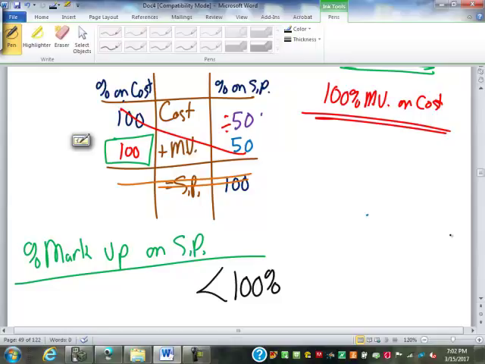Because if the percent markup on selling price were 100%, what does that mean? It means you got it for free. Because if the markup is 100%, selling price is 100%, the cost has to be 0%. So the only way you can ever have a 100% markup on selling price is if you got something for free.